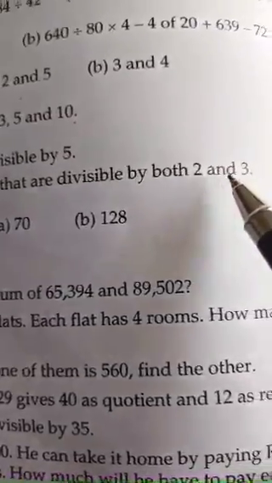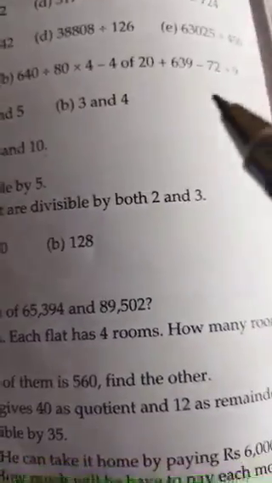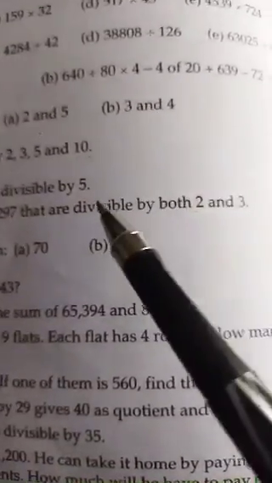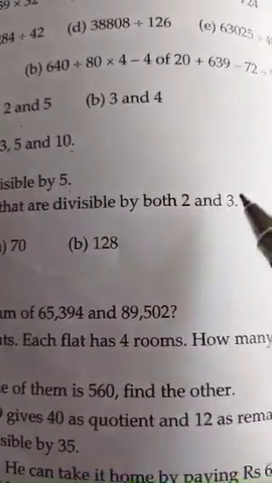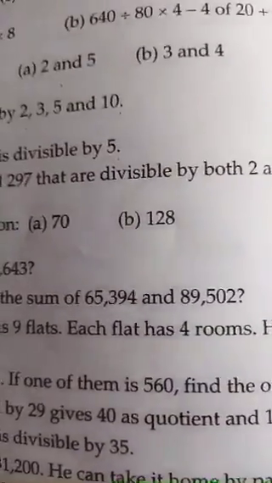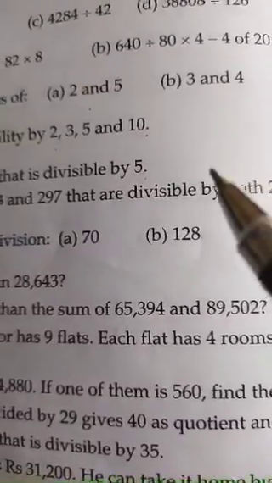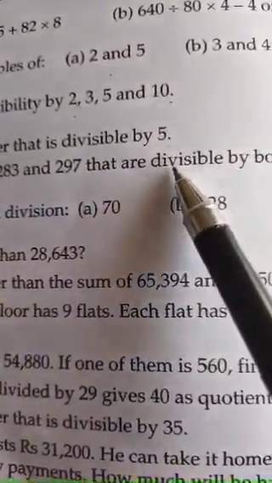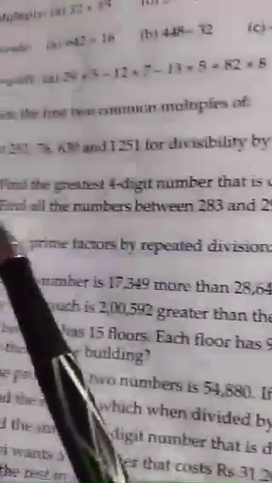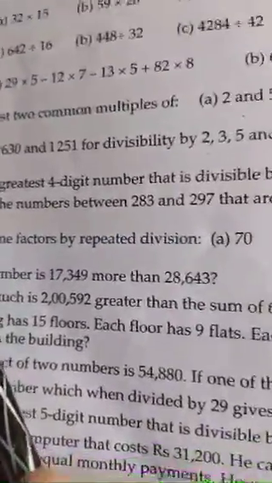Both divisions have to work. If a number is divisible by 2 and not divisible by 3, then we will not consider that as our answer. So like this you have to find these numbers. This is your homework, B part. This you have to do on your own.